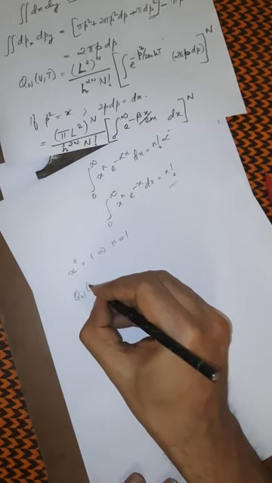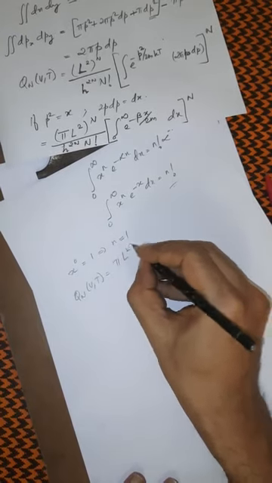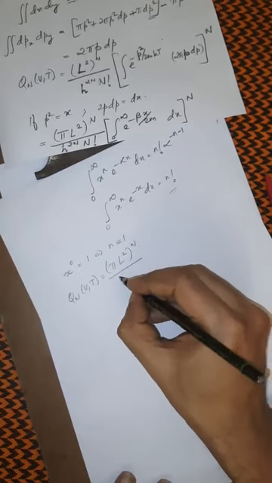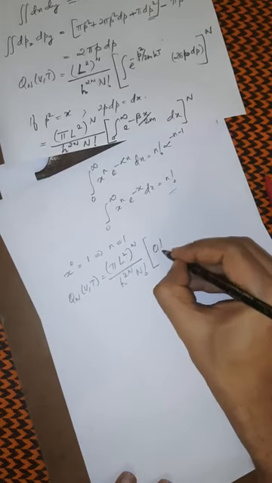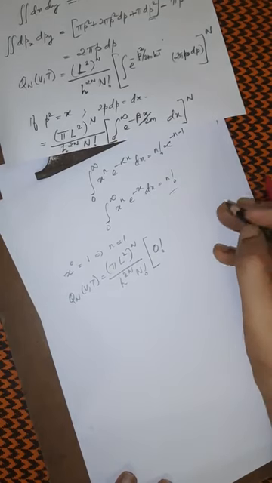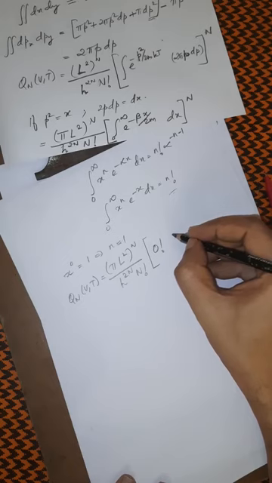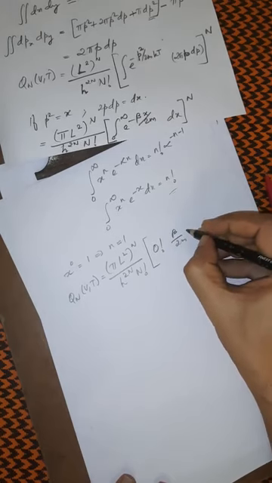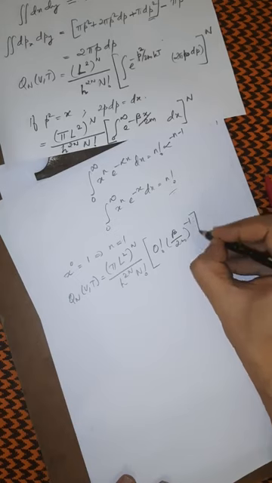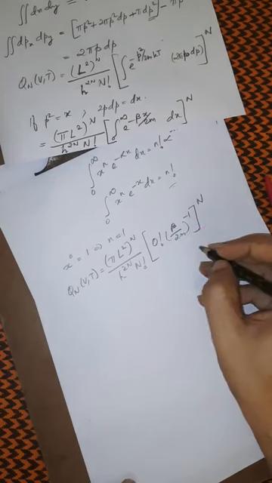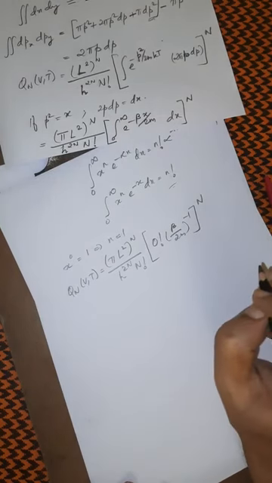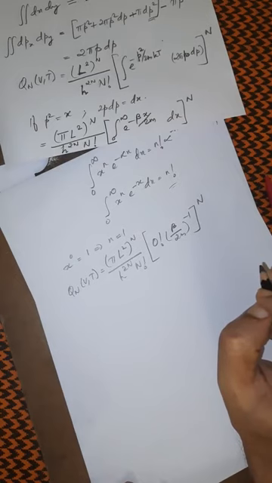Q_N(V,T) is equal to (πL²)^N divided by h^(2N) N! times 0!, times (β/2m)^(-1), the whole raised to N. So what is 0 factorial?